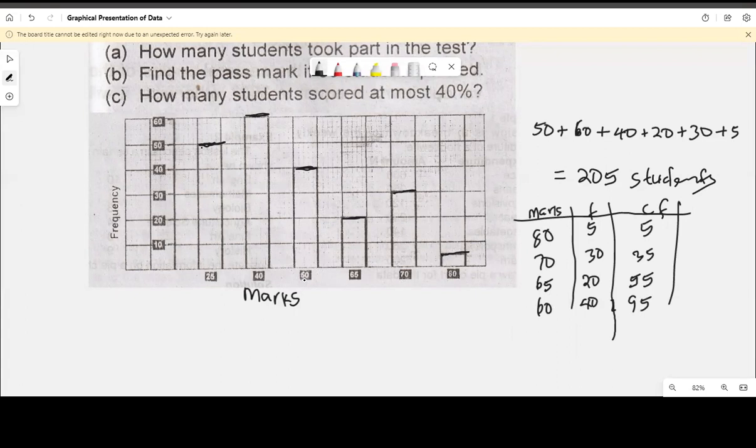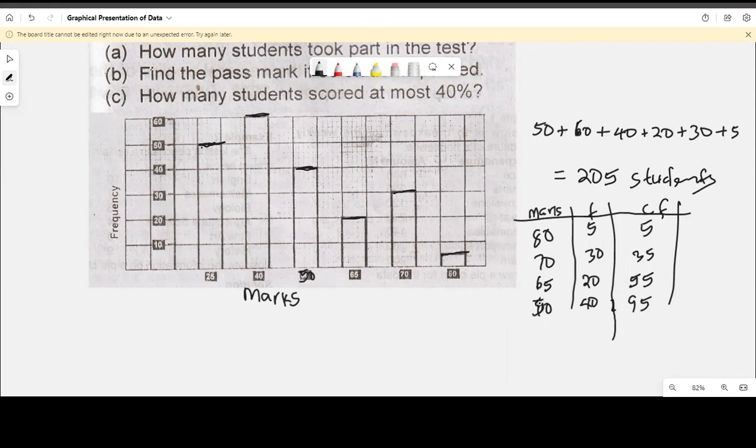And which value was that? Is this 40 or 50? Sorry, this is 50, not 40. You can see 40 here. It's 50. It's a typo or the printing is very poor. This is 50, not 60.